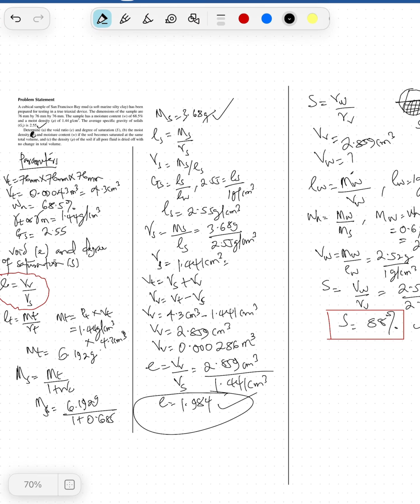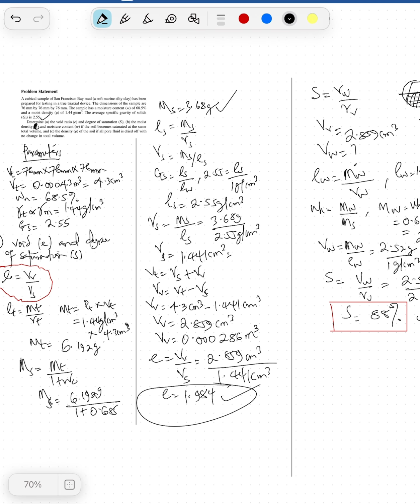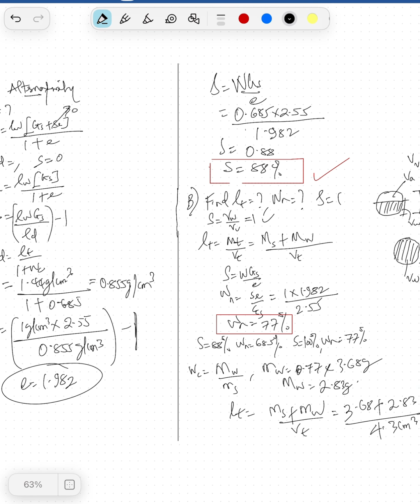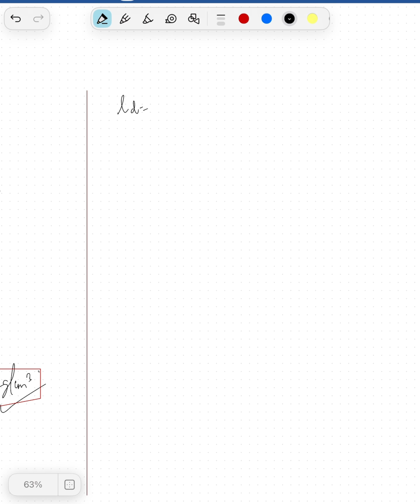We're finding the density of the soil if all the pore water is dried off, the density P. That's the last question. So density is going to be the density P. If the water is dried, that shows S is 0.